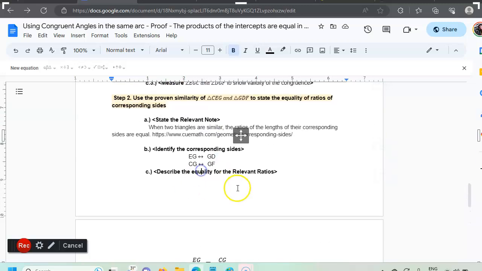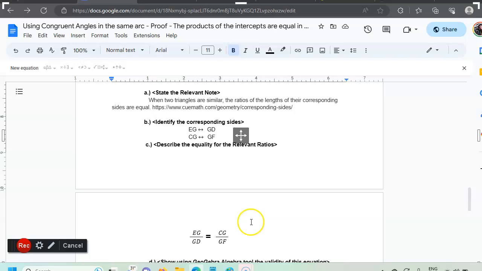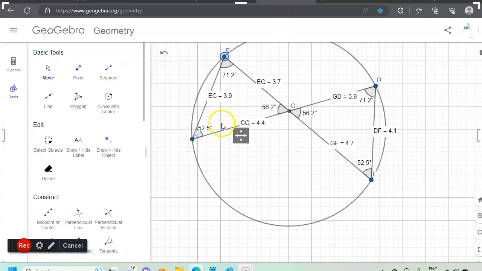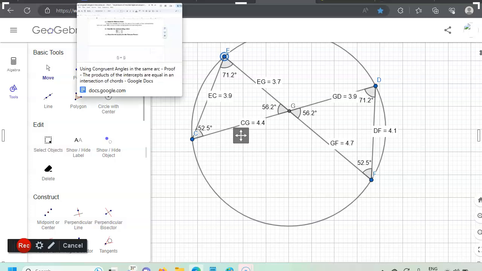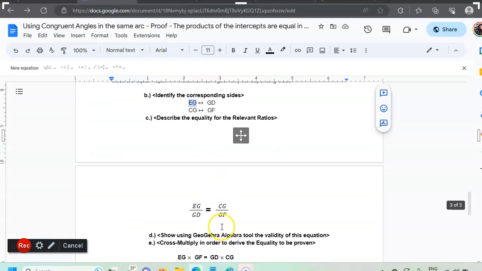Now we are going to describe the equality of the relevant ratios. So we are going to make use of the side length in the first triangle, the triangle at the left, in the numerator, and then the side lengths of triangle 2 to be in the denominator. So we have this equation then.